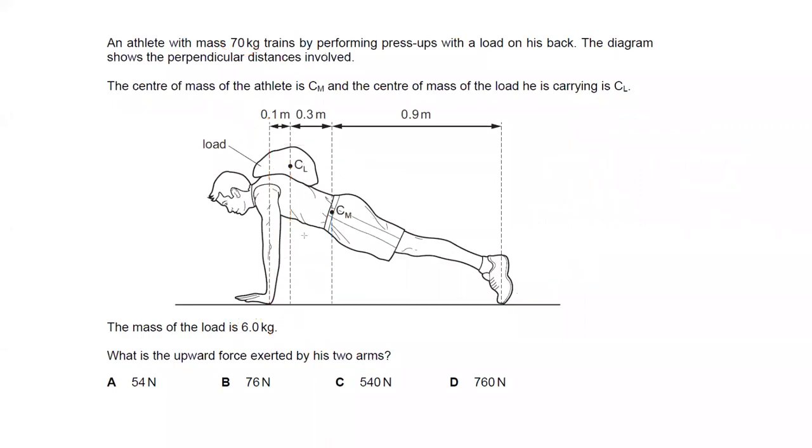So the weight of the athlete is acting downward. The load is acting downward, whereas the arms are applying an upward force that they mention in the question.